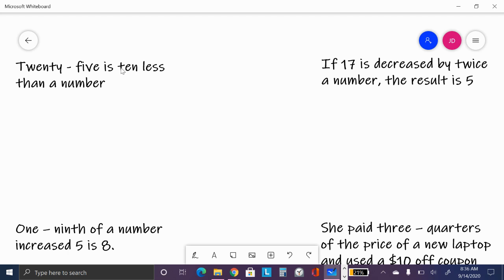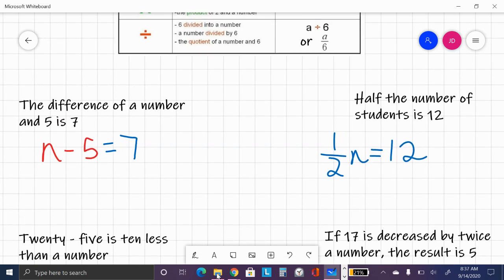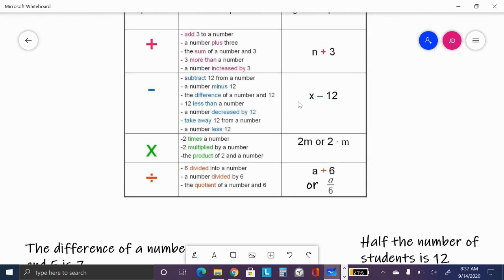25 is 10 less than a number, so 25 equals. Now be careful with 10 less than, because in our diagram up here, we notice less than: x minus 12 is written as 12 less than a number. So it's kind of flipped around.